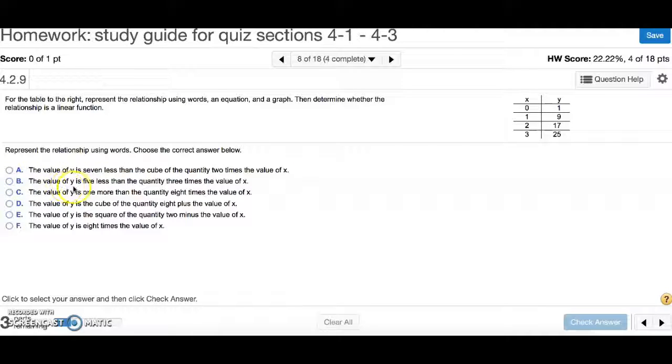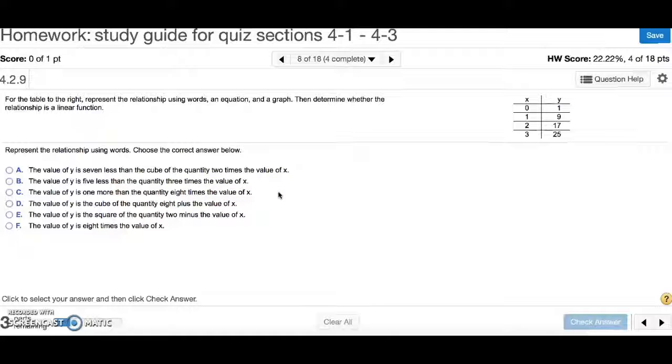It says the value of y is 5 less than the quantity 3 times the value of x. So basically that's 3x minus 5. So if I put in 1 for x, that'll be 3 times 1, which is 3, minus 5 doesn't give me 9. So that means it's not going to be B. Let's try C. So the value of y is 1 more than the quantity 8 times the value of x.